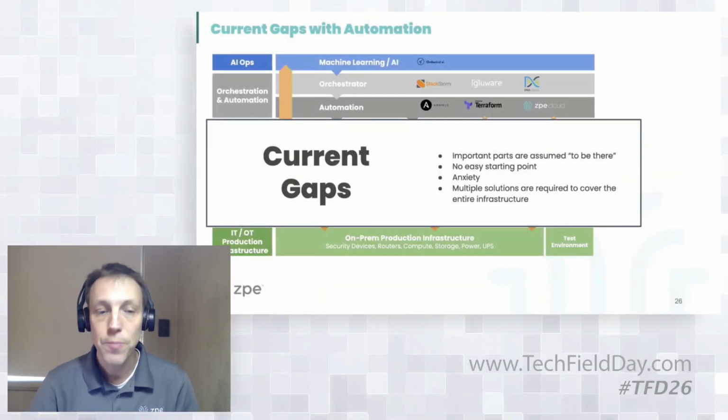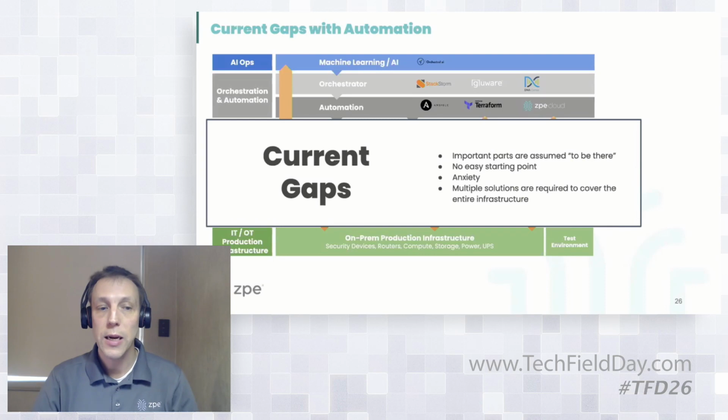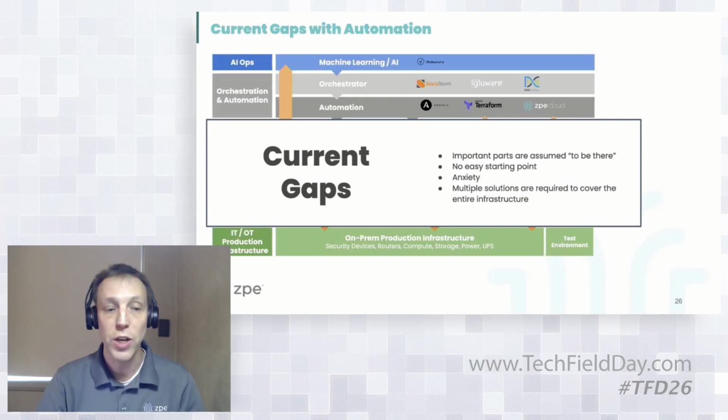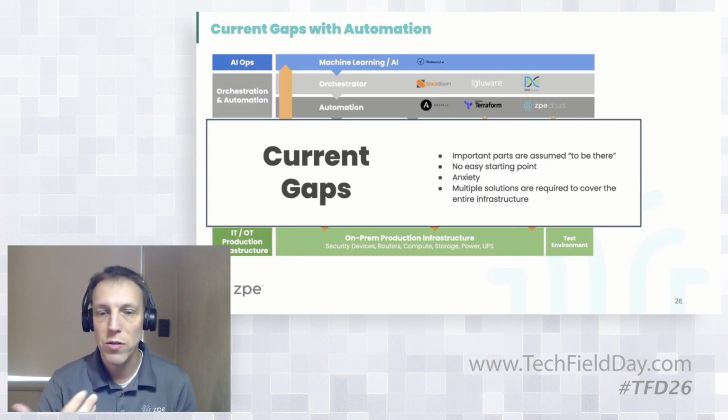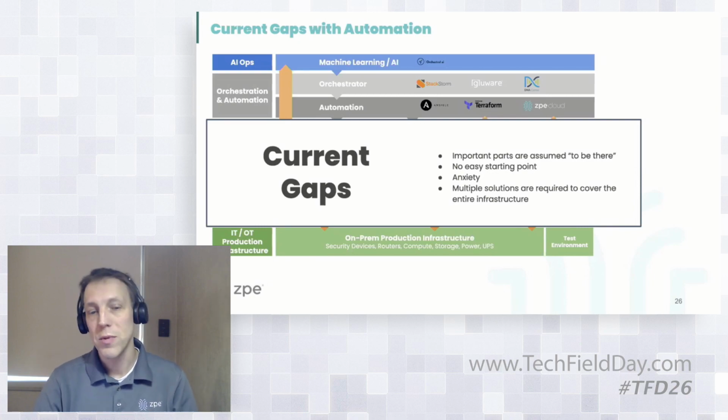Just a quick recap. The blueprint essentially has four main blocks. At the top you have the AI ops and the orchestration and automation. That is really where you have your traditional automation and AI tools like your Cisco DNA Center, your BlueWare, your StackStorm, or the simpler automation tools, your Ansibles, your Puppets, your SaltStack, or anything like it, right?